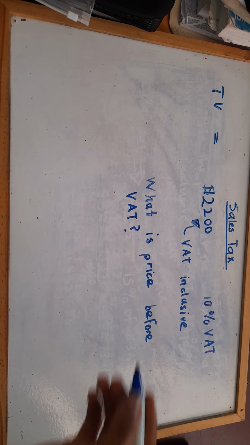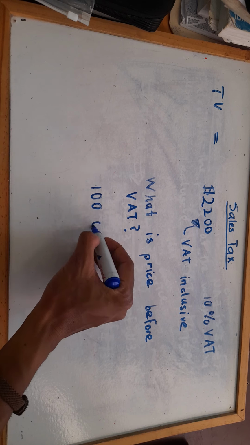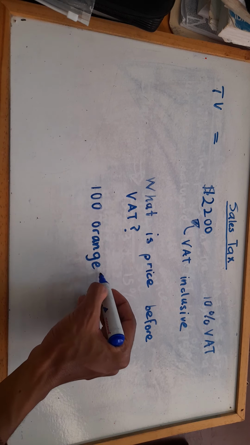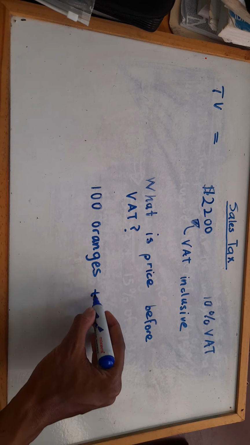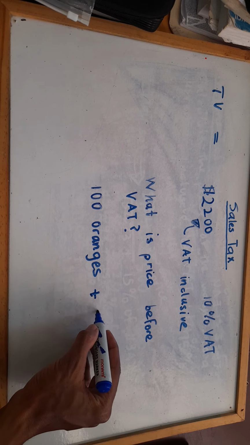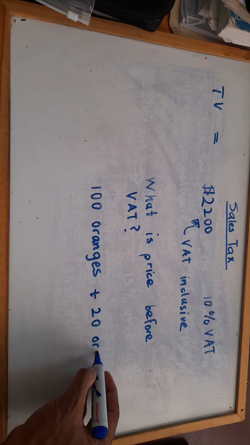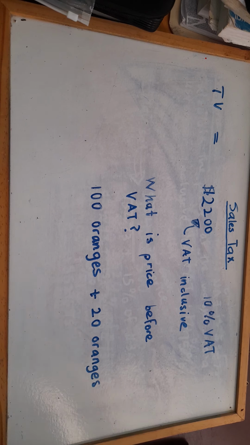Now, if I had 100 oranges, hopefully this scenario makes sense. 100 oranges, and I decided to increase these oranges by 20. I took 20 more and increased my oranges by 20.